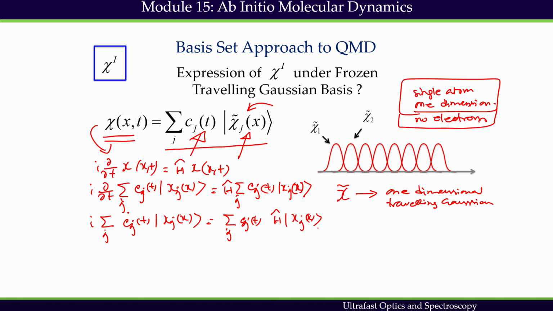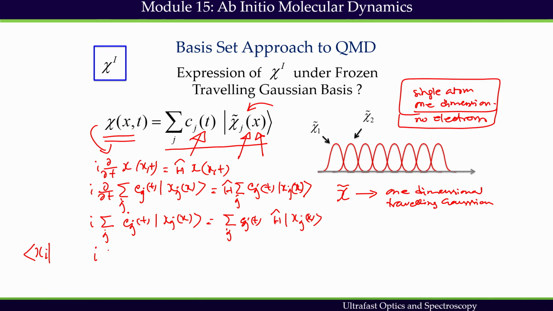Now in quantum mechanics, we often make use of the orthonormalization condition. However, it is not necessary here that these Gaussian functions are orthonormal, but we can still multiply by this chi_i from the left hand side.